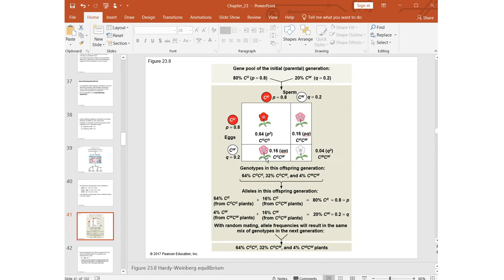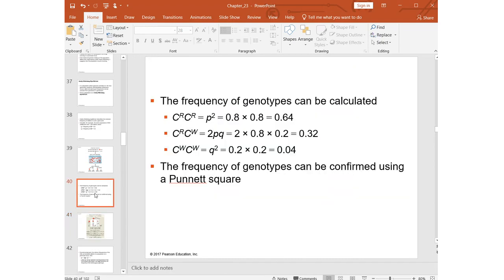And then you add 0.16 to 0.16 to get the 0.32 proportion for the heterozygotes. And then the same calculations for the white ones. So with the Punnett square, you get the same results as we got in our calculations on slide 40.